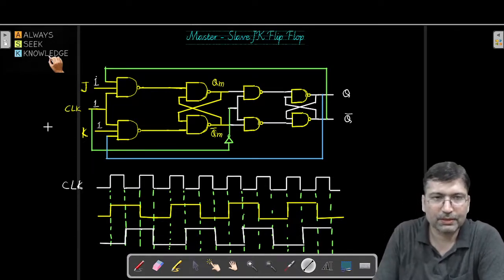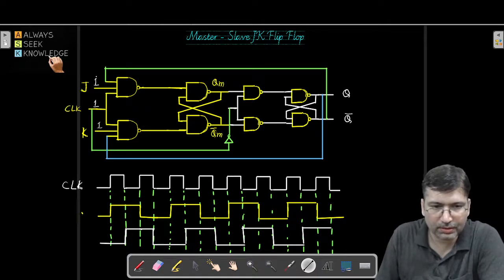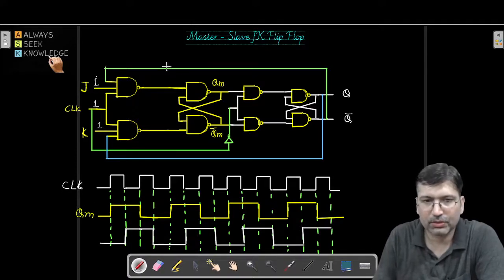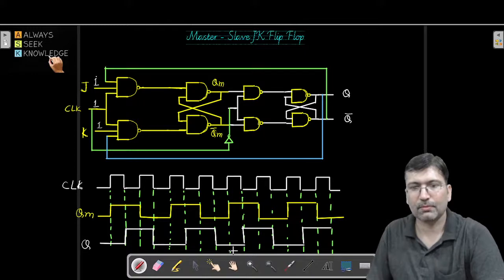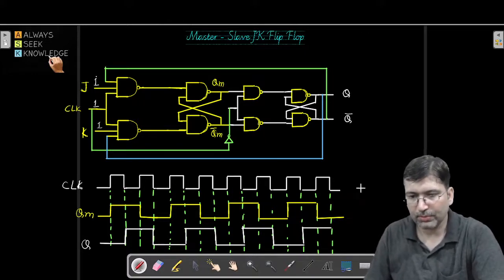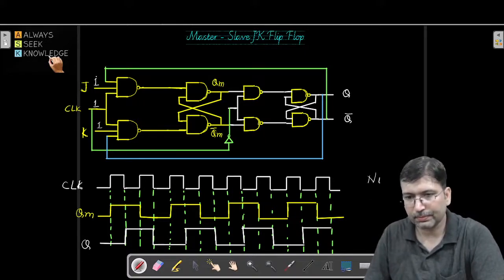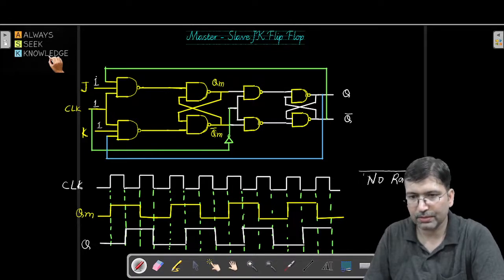So I'm assuming this pulse for QM, this flip-flop is acting as master, and this clock is for final Q clock, that is this. So there is no toggling. I'm saying no toggling or no race condition. Toggling is there, but no race condition. No race. So there is no race.